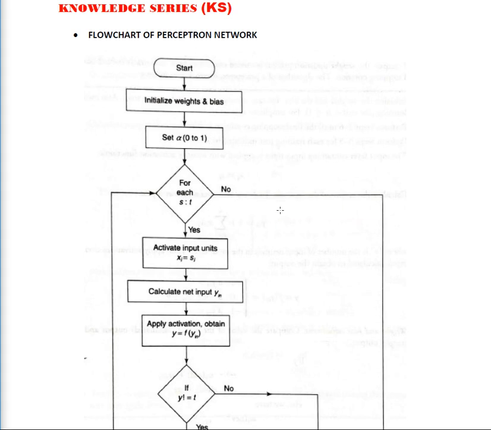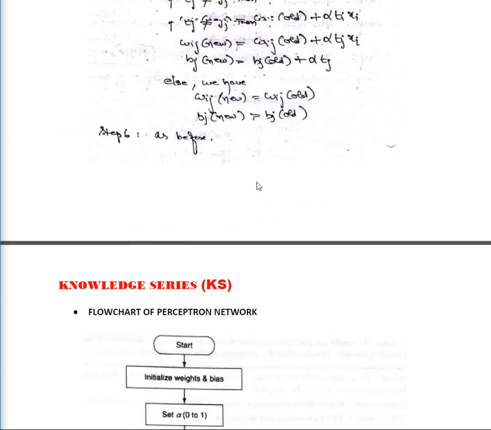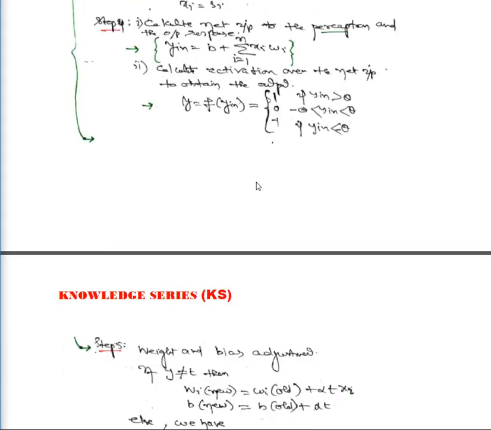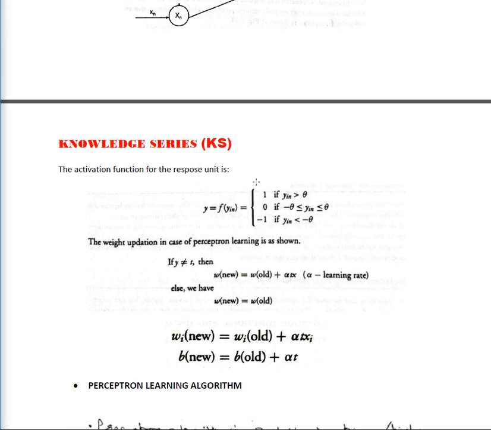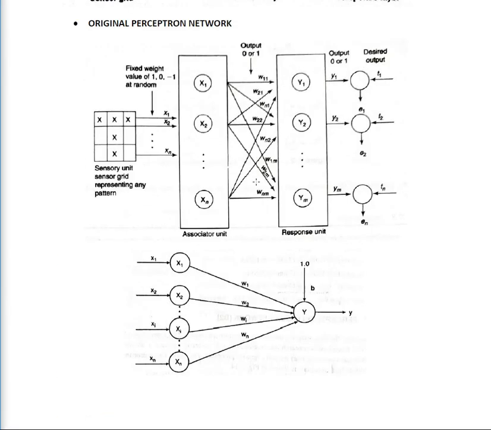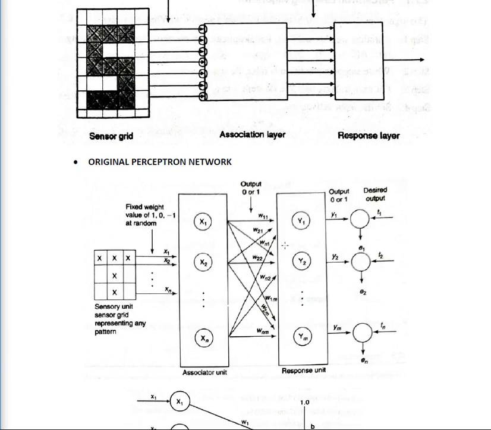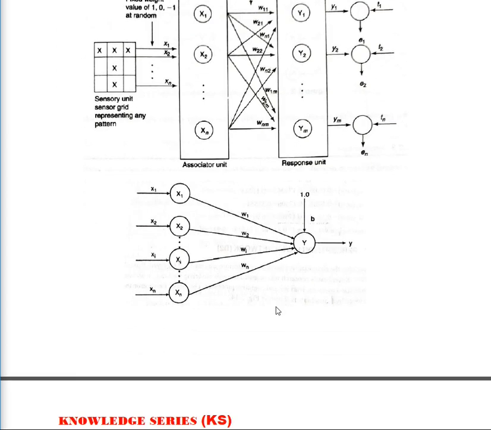So we have seen that the Perceptron neural network shows how the weight is adjusted for the given input, and thereby the error which is generated is used to adjust the weight.